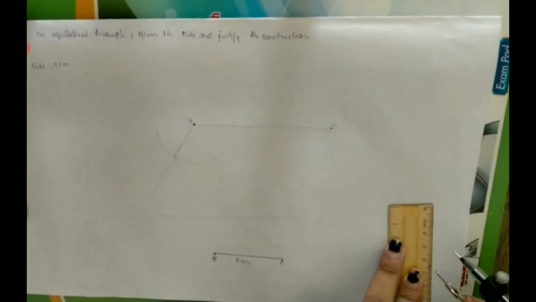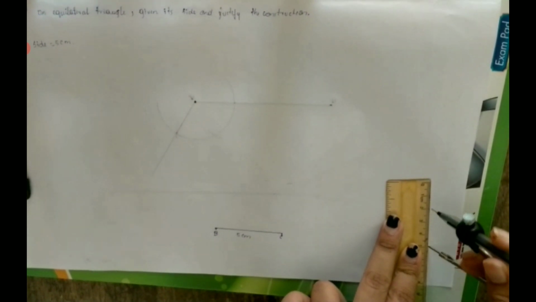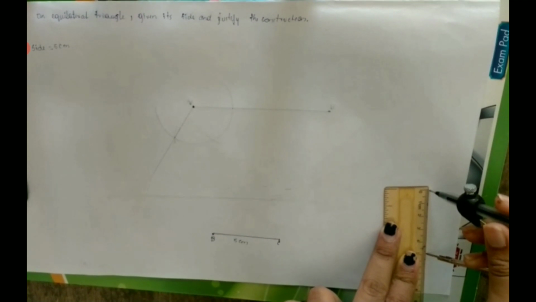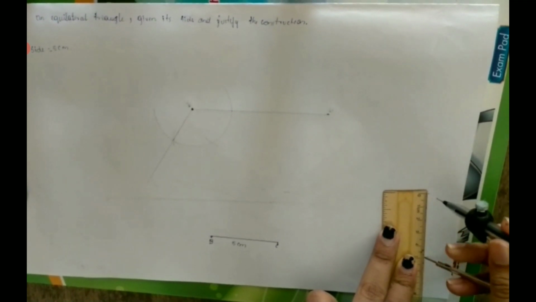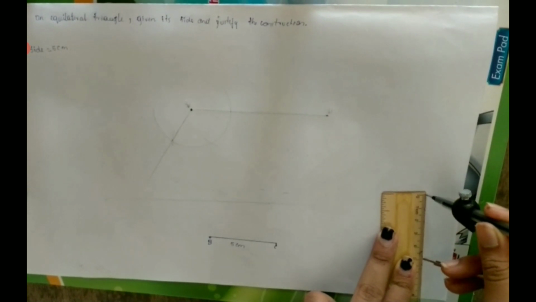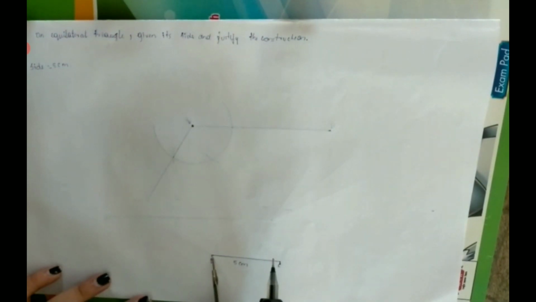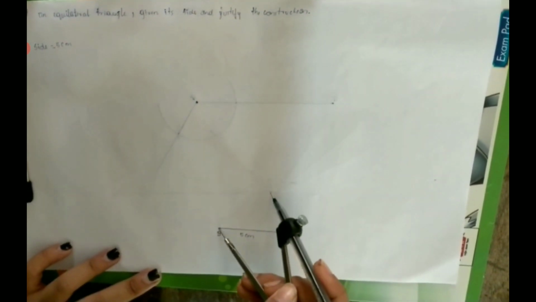Now you measure 5 cm radius. The other two sides are also of 5 cm. So you measure 5 cm. With B as a center, draw the arc.